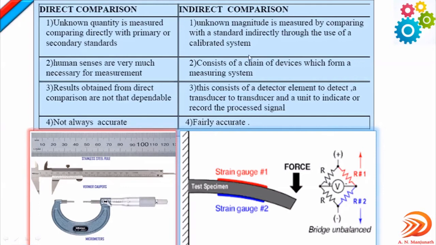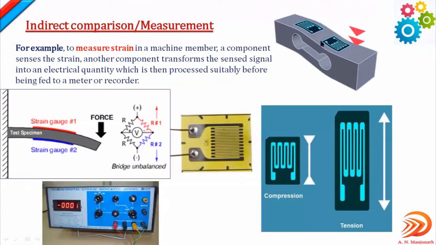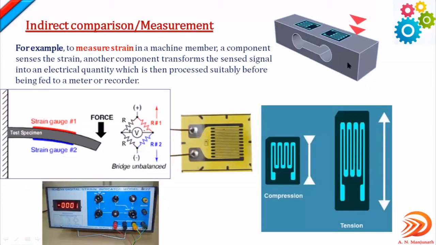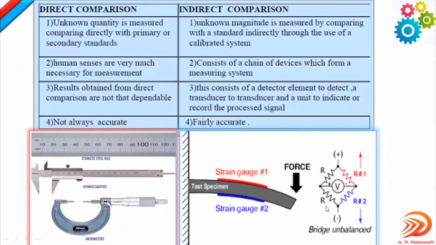If you take the example of indirect comparison, the strain gauge. What I explained here, the strain gauge, right? It is an indirect way of measuring the amount of force applied in terms of strain for this element, by using this Wheatstone bridge.